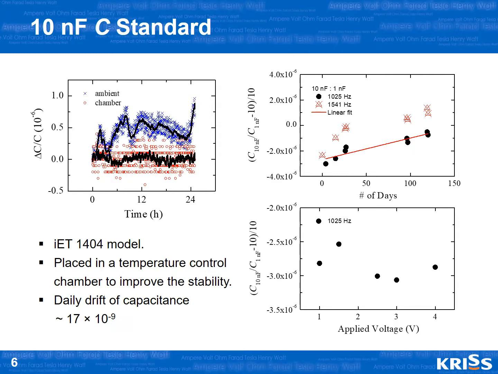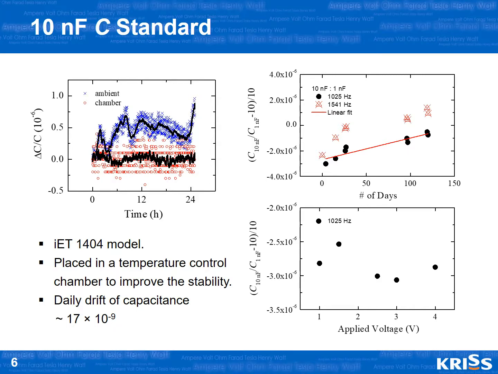The capacitance ratio was measured between 10 nanofarad and 1 nanofarad using the 10:1 ratio bridge at two frequencies of 1 and 1.541 kHz. The figure in the top right shows the drift in the ratio.